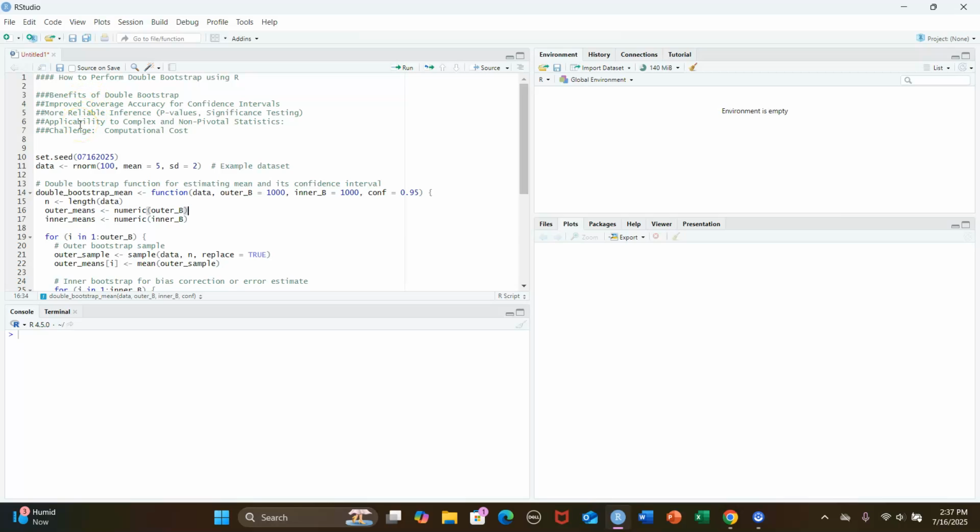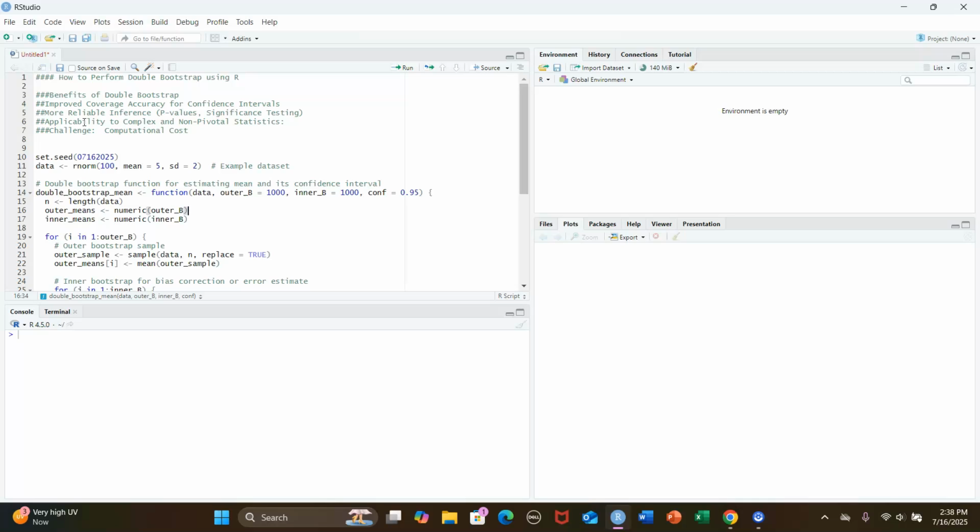The main benefit of double bootstrap is that it can improve the coverage accuracy for confidence intervals. When you have, say, a 95% confidence interval, it gives you a formula or procedure to compute an interval given a sample. But if you do that repeatedly with different random samples, you get different intervals.